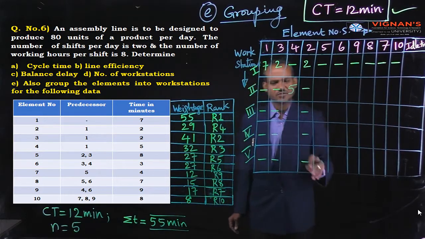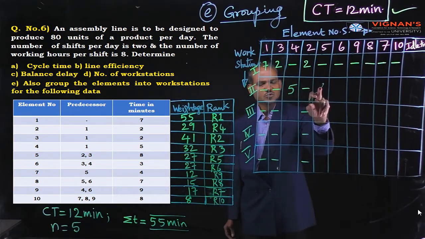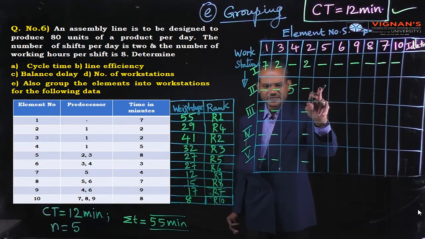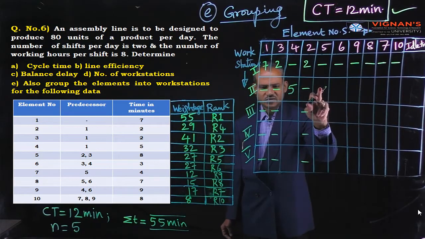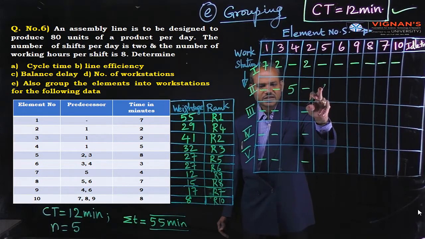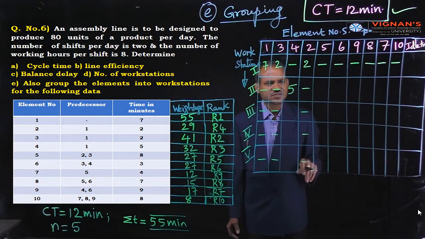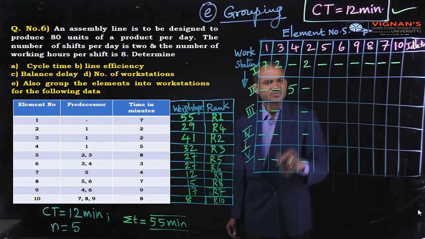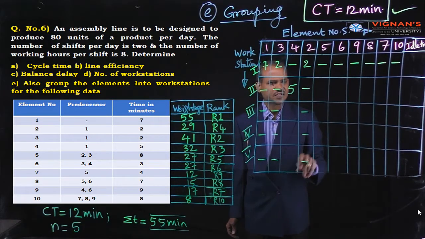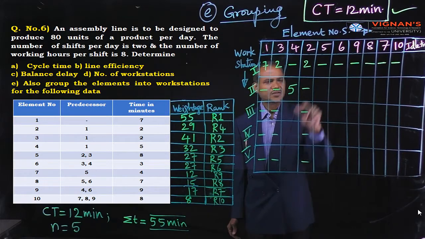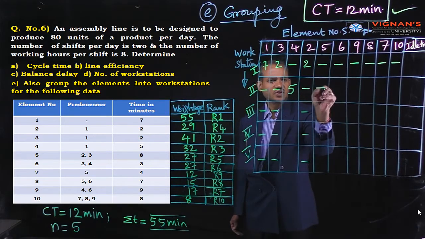So, 5. Next, move to the element number 5. Element number 5 timing is 8. 5 plus 8, how much? It's 13. More than 12. Don't assign.